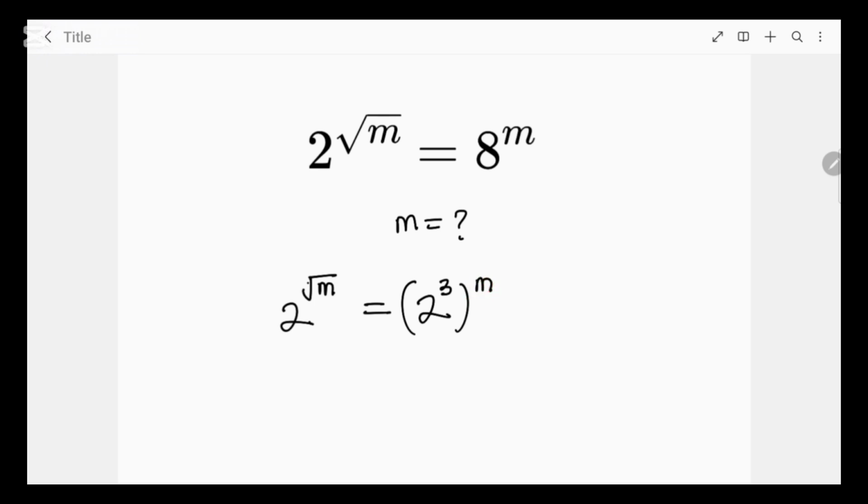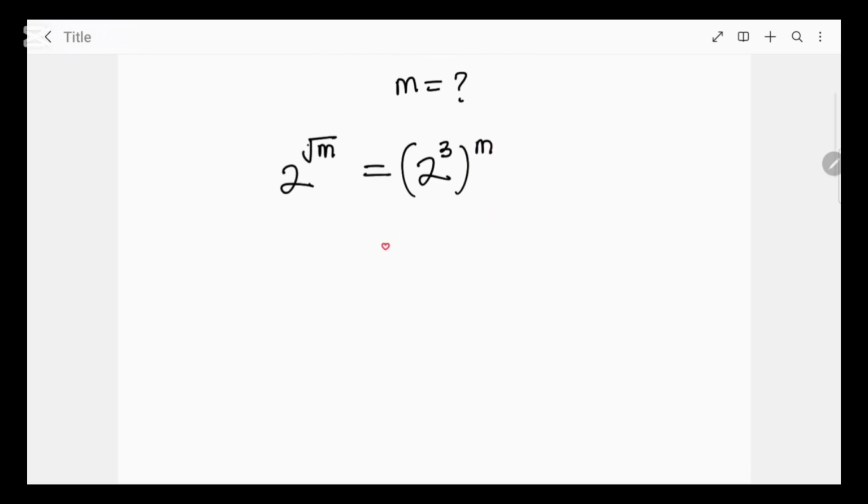Very good. Now our next step will be for us to apply the law of indices that says that when I have a to the power of m, and this is raised to the power of n, this is the same as a to the power of m times n.